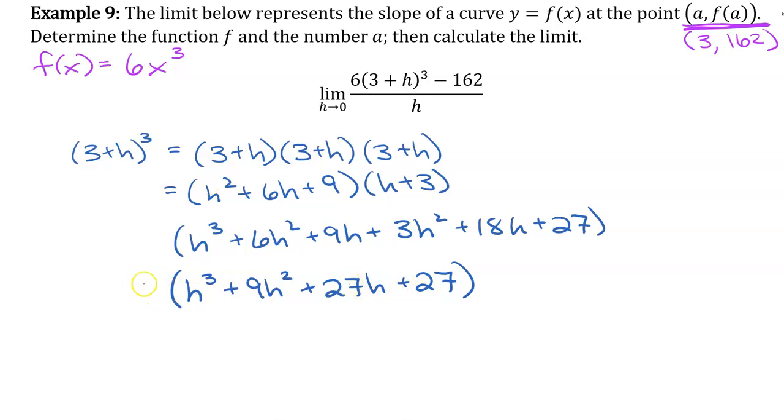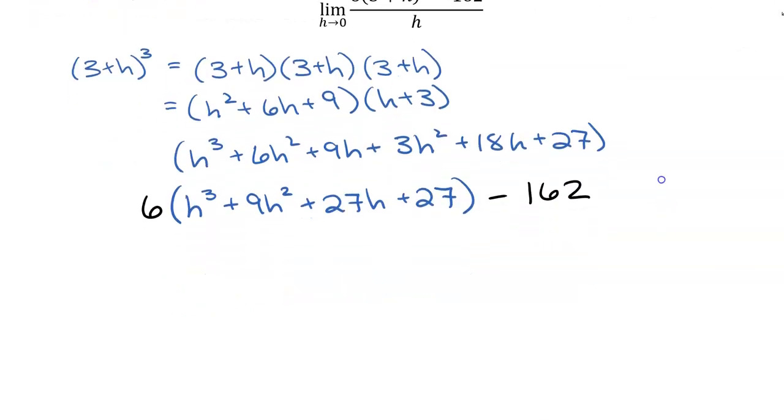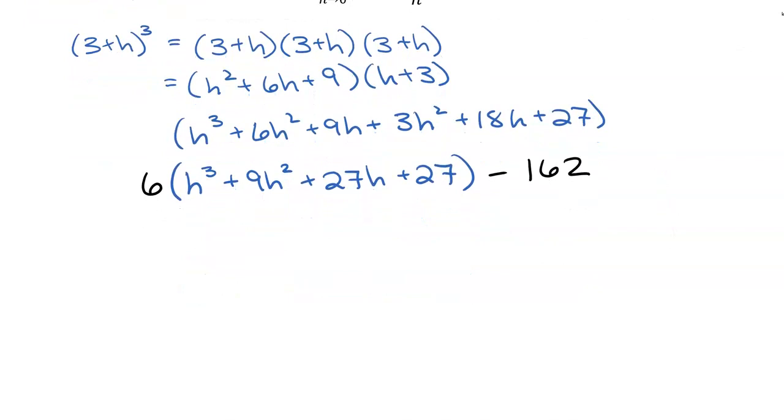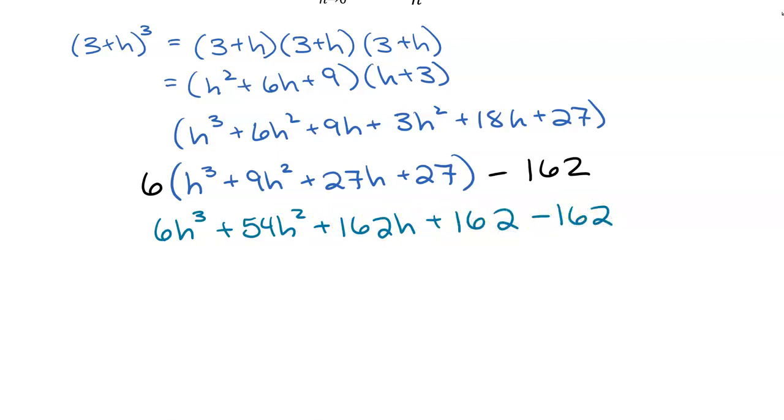Now we can apply the 6 and the minus 162. So that gives us 6h cubed plus 54h squared plus 162h plus 162 minus 162. Those will cancel, leaving us with 6h cubed plus 54h squared plus 162h over h.